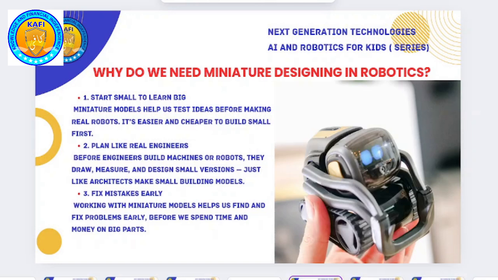For example, let's say you want somebody to make you a house. Before making this house, you go to the architect and tell him to make a drawing, a sketch for you.